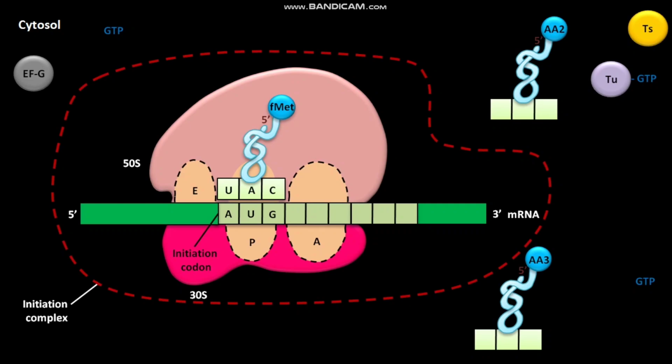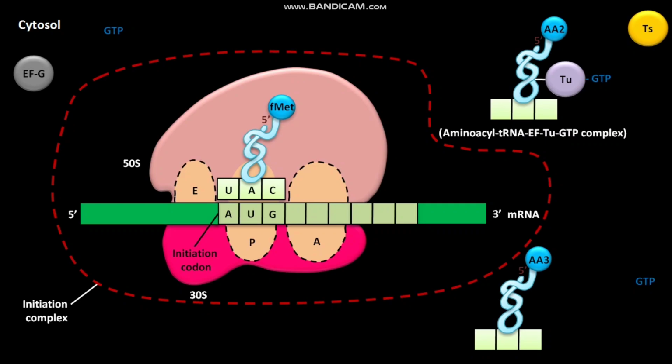In bacteria, the elongation stage of protein synthesis has three steps. In elongation step 1, the appropriate amino acid tRNA binds to EF-Tu GTP complex. As a result, amino acid tRNA EF-Tu GTP complex is formed.